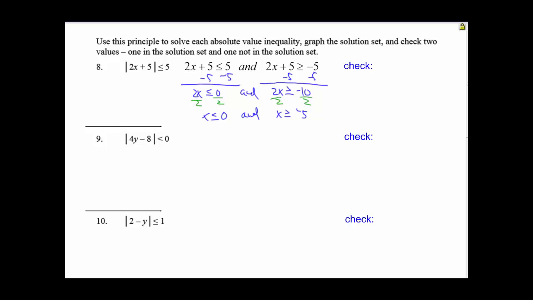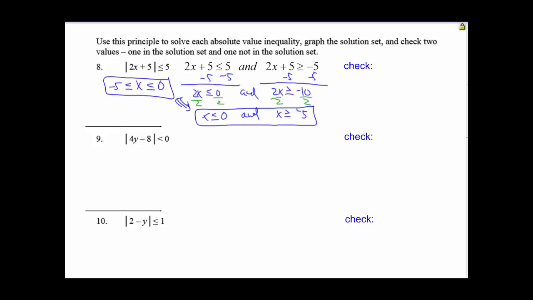Now remember another way that we can write this, because here is our solution set. We're going to be greater than this negative number, and 0 is the positive number, so we can actually write it as negative 5 less than or equal to x less than or equal to 0. 0 is the higher number, negative 5 is the lower number. So you have two ways to write this.